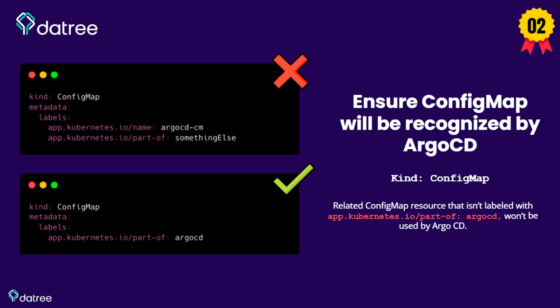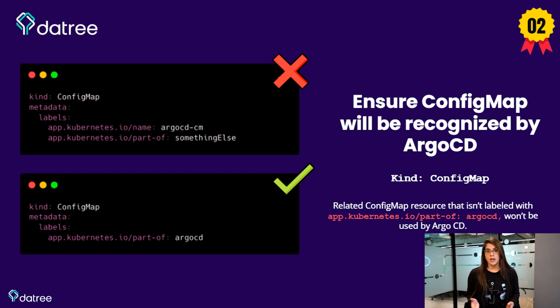The next best practice is very important, especially when we want to change Argo CD behavior a little bit. For instance, if we want to use Helm or Kustomize. In these use cases, we often want to change some of Argo CD's internal components, such as config maps.